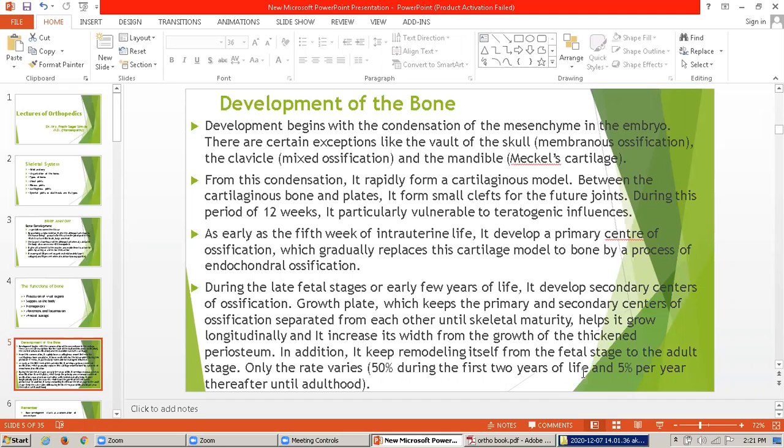So bone development occurs mostly in the first 2 years of the child, and then every year 5% until adulthood.